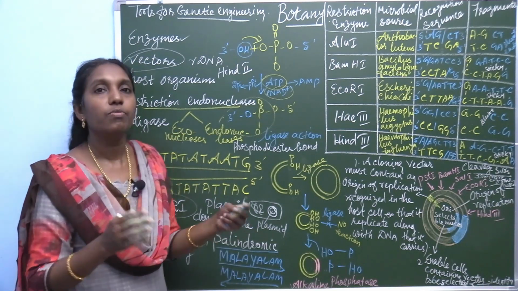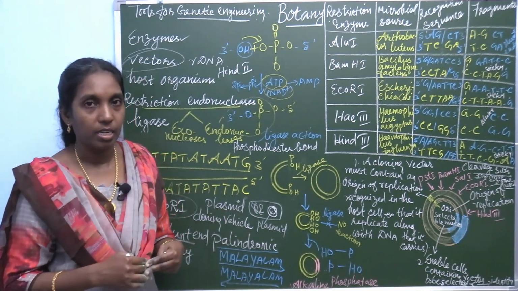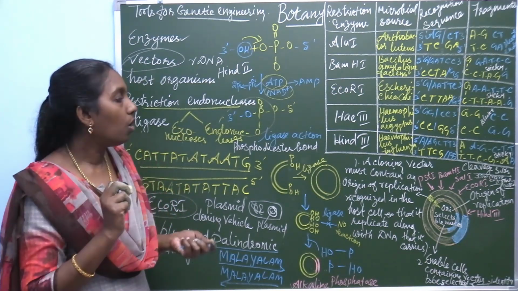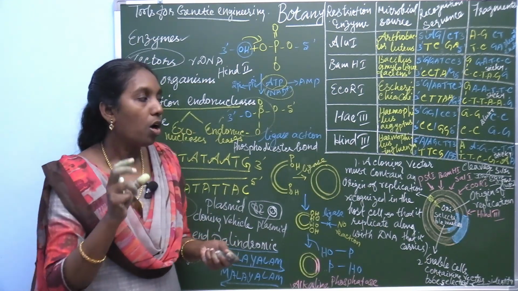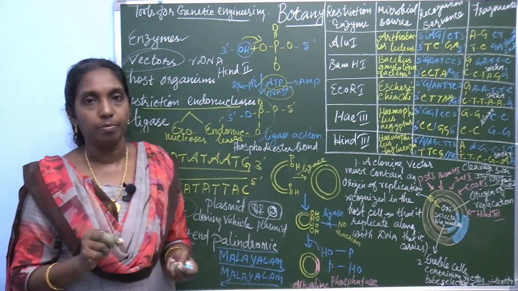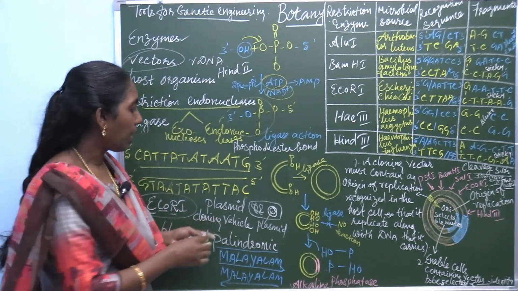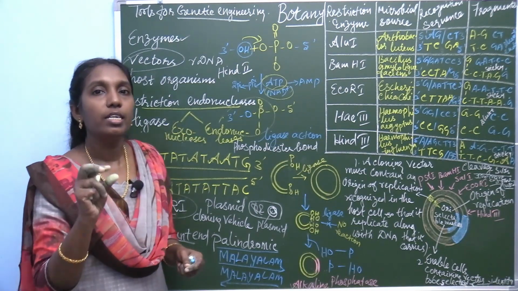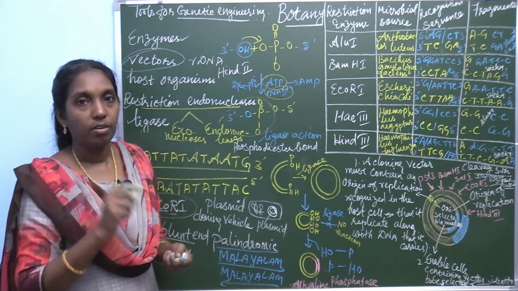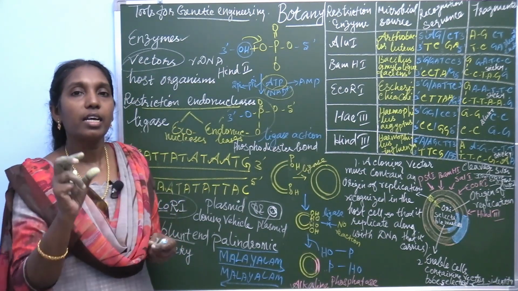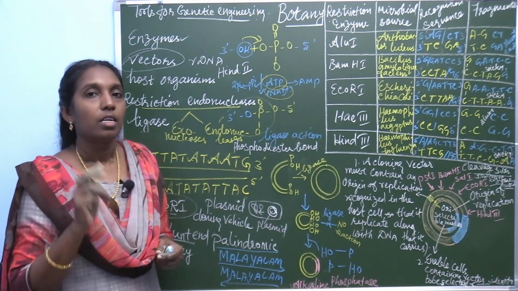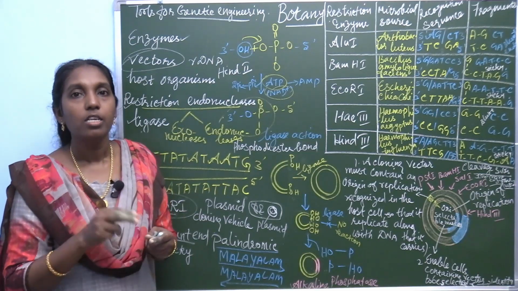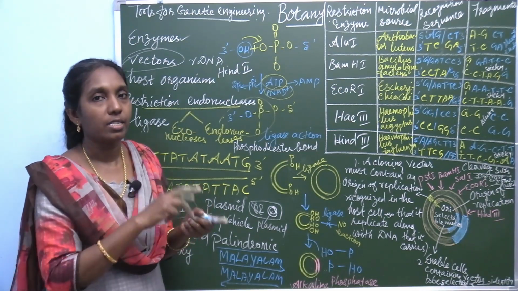Another property of a vector is that it contains an ORI region, that is, the origin of replication. There is an origin of replication in this plasmid. It initiates the replication. And there is a marker. A selective marker is present to identify the transformant.